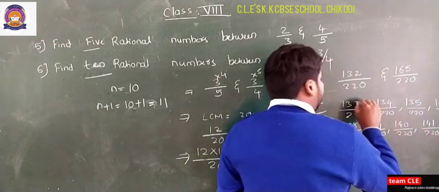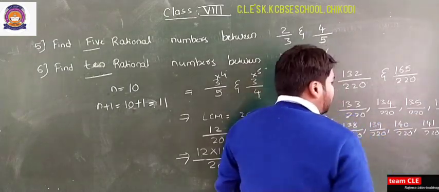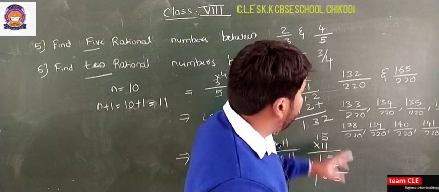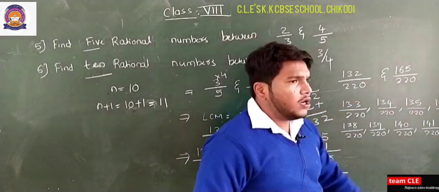So just count these rational numbers: 1, 2, 3, 4, 5, 6, 7, 8, 9, 10. So I have written the 10 rational numbers in between 132 by 220 and 165 divided by 220.